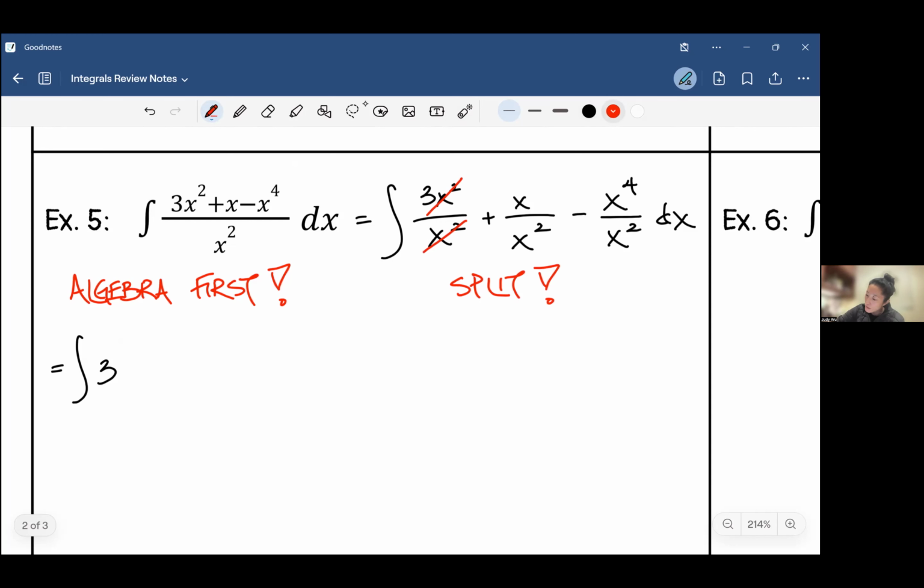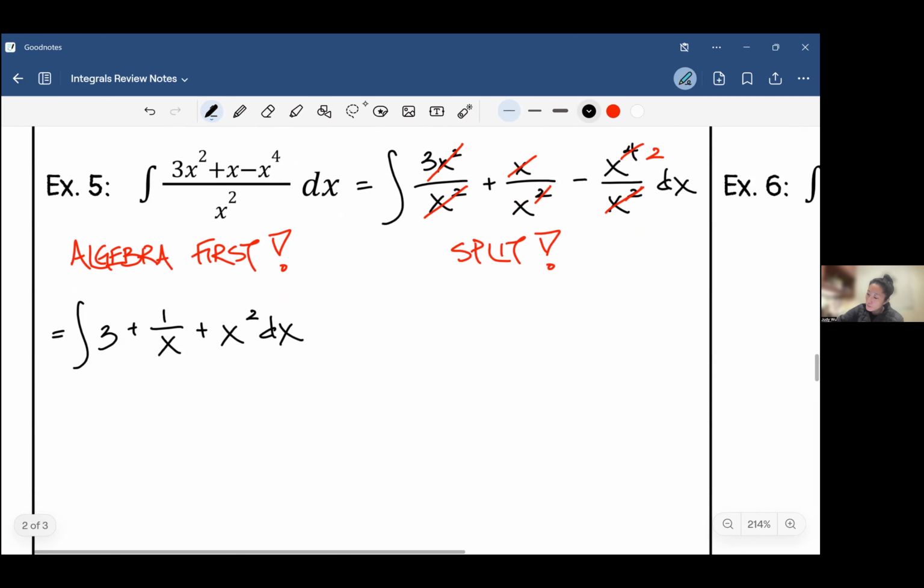In the second one, I'm going to have 1 over x. And in the third fraction, I'm going to have x squared over 1. Okay, so we're using those exponent rules that we talked about in the derivatives video.